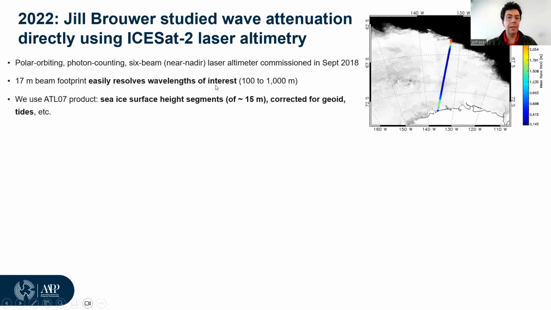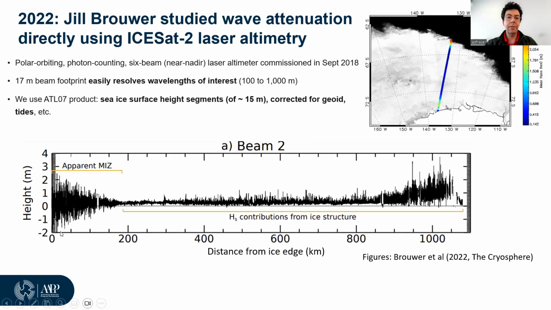So this is what one of those ICESat-2 tracks looks like. On the left-hand and on the right-hand side, we have the consolidated thick ice. This is the same track that's shown up here. Now, in the first part of this track, in the outer 180 kilometers, we see this characteristic triangular height.